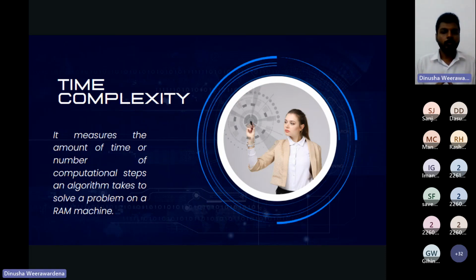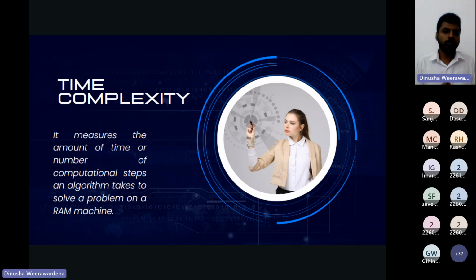So time complexity is all about measuring the time or number of computational steps an algorithm takes to solve a problem. It's like tracking the time it takes to complete a task or counting the steps you need to climb a staircase. And why is time complexity important?